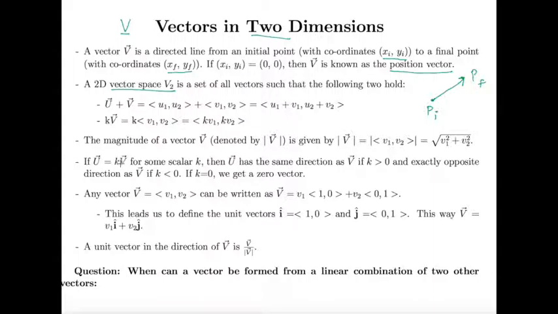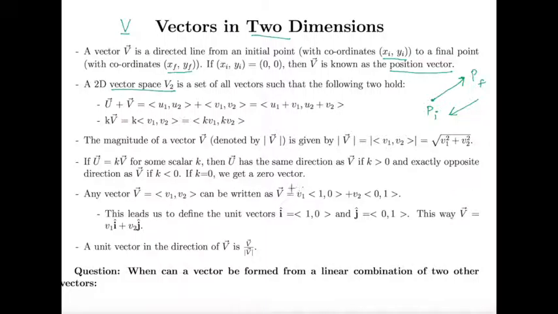So the direction is the same if k is positive, and the direction is exactly the opposite if k is negative, so the only thing which changes is the arrow. And if k is 0, then we get a 0 vector.